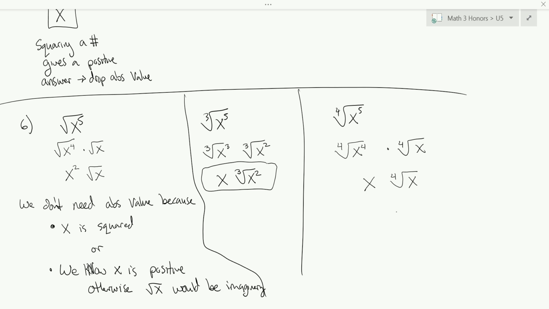It's a little confusing, I know at first, that argument, but that's what I'm looking at. So if this were negative, I'd have an issue here. And so I don't need an absolute value because of this reason. Okay.